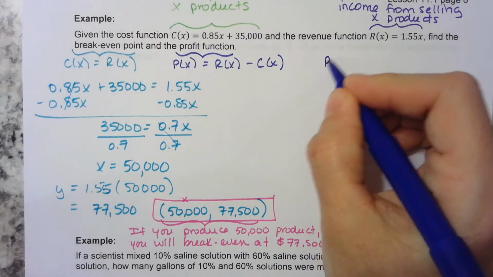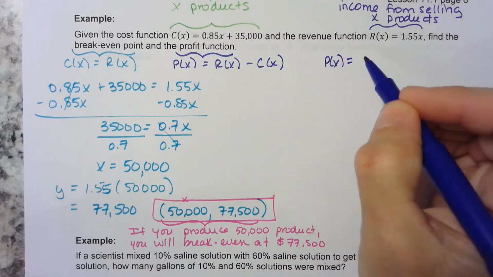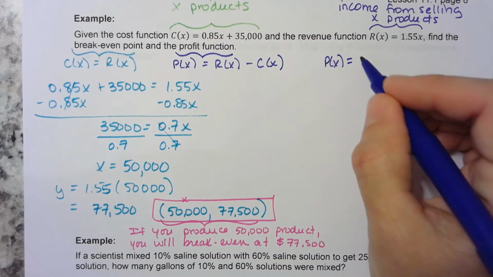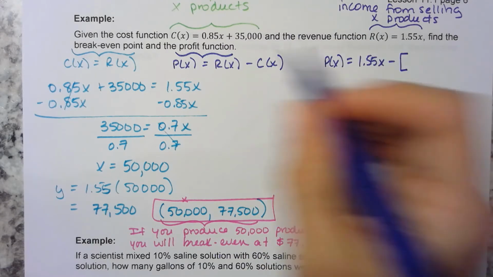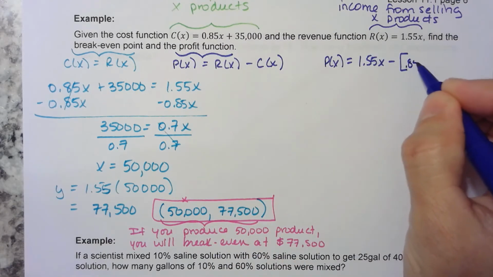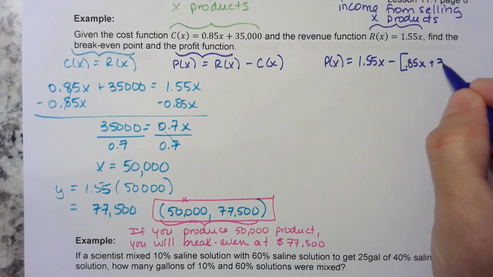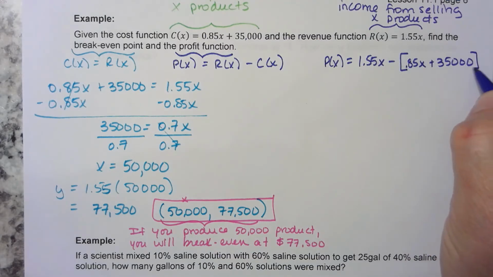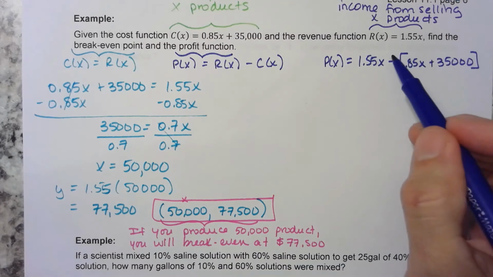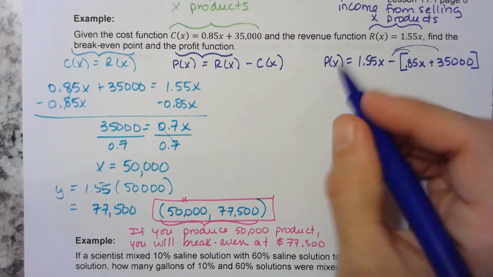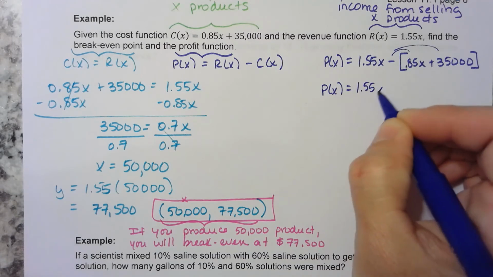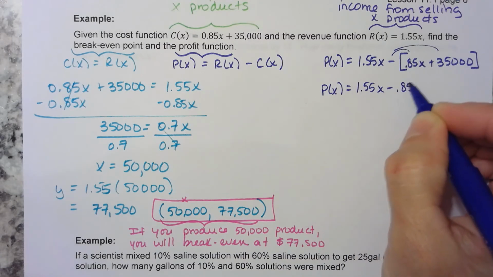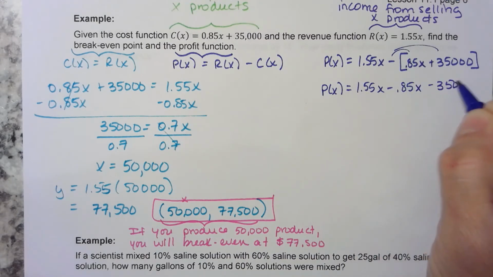So P of x is equal to your revenue minus your cost. Remember, cost is this whole thing: 0.85x plus 35,000. We do need to distribute that negative. That's why I put these brackets on here. 1.55x minus 0.85x minus 35,000.